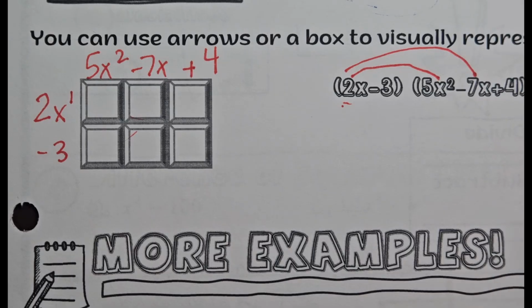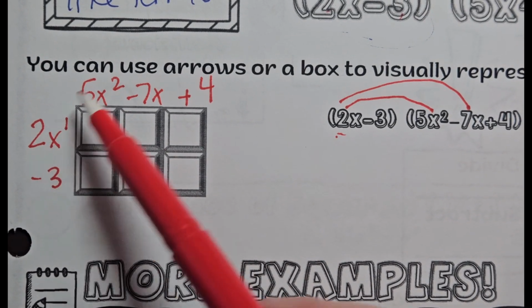Okay, so 2x times 5x squared. Remember, this is 2x to the 1; it has an imaginary, invisible 1. So we multiply the numbers: 2 times 5 is 10. For the exponents, we have to add the exponents.